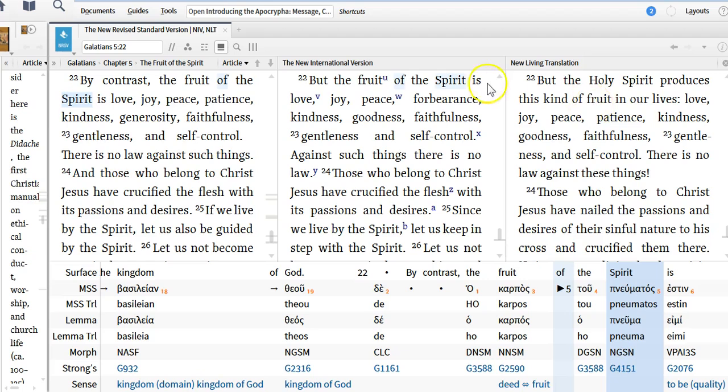So the NLT abandons the form of the Greek grammar, where the fruit is the nominative subject and of the Spirit is simply a genitive descriptor, and commits to a specific kind of genitive, the genitive producer, and therefore makes the Spirit the apparent subject of the sentence, and fruit, or I should say kind of fruit, the apparent direct object.